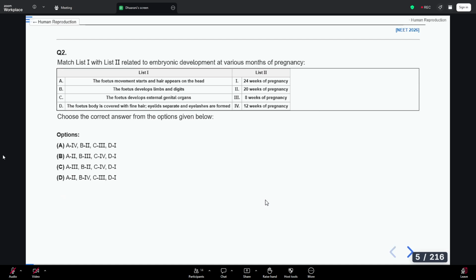Saksham is telling it's option B. Okay, question number 2. Come on fast, waiting for your answers. Okay, option B again. Let's see. Come on fast, fast. Option B is correct. Only four of you have answered.